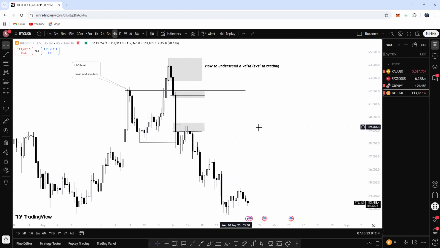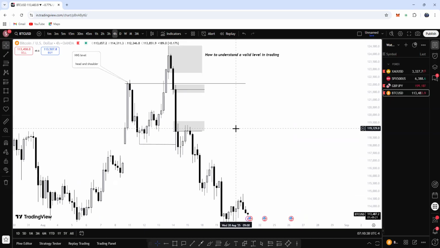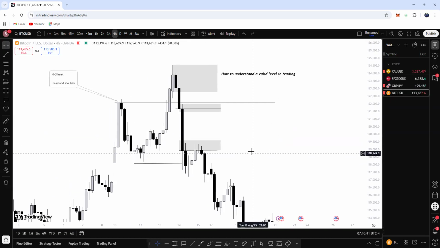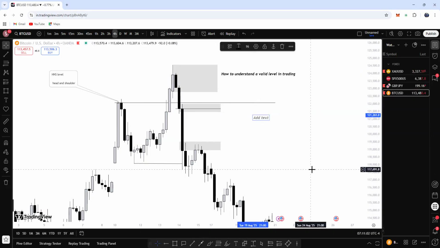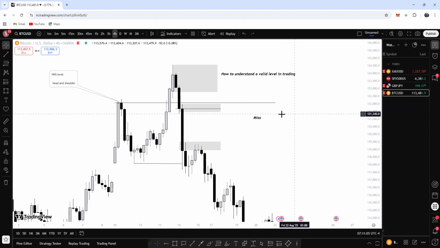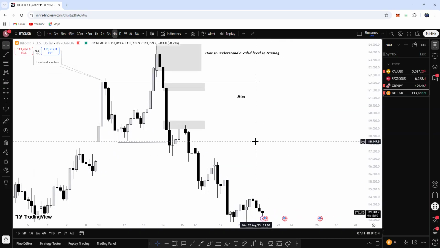So now, how do you know if a level will hold? Number one, let me just use the word liquidity. Number one is your liquidity. Liquidity, but in SNR terms, they call it miss. What is miss?